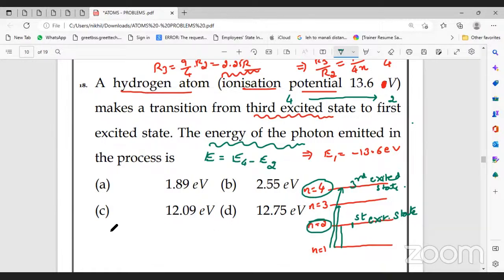You know that the energy in the first orbit is minus 13.6 electron volt, and you can find the energy in the nth orbit as E1 divided by n square.